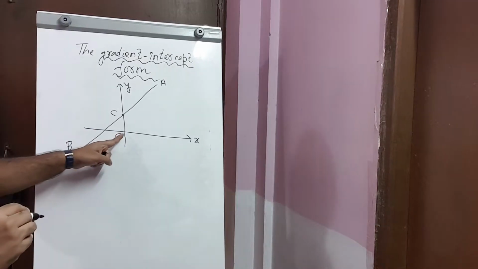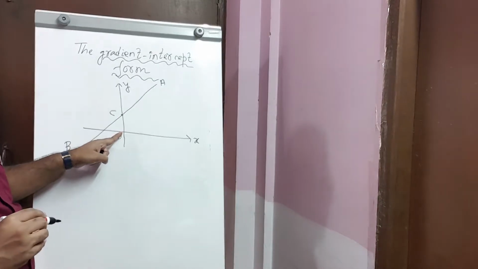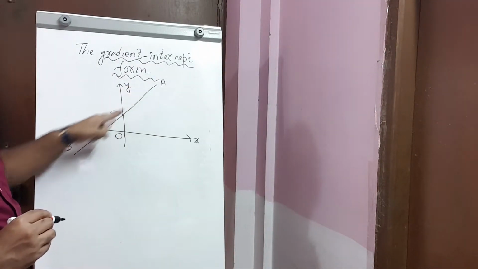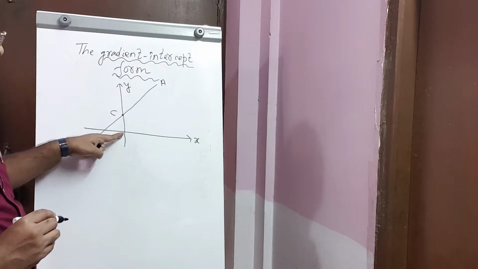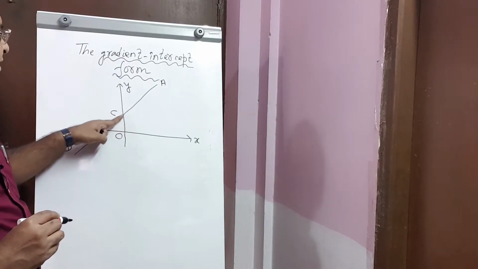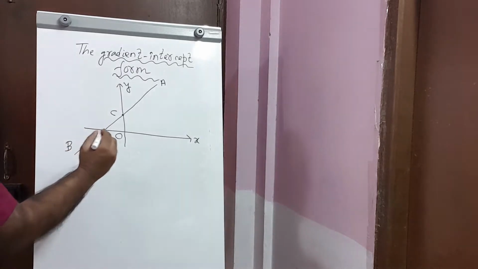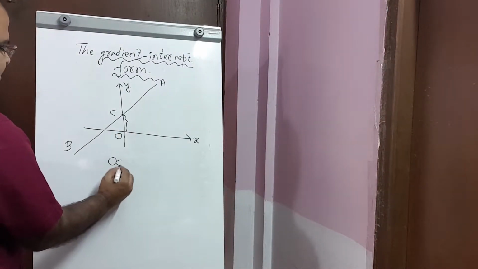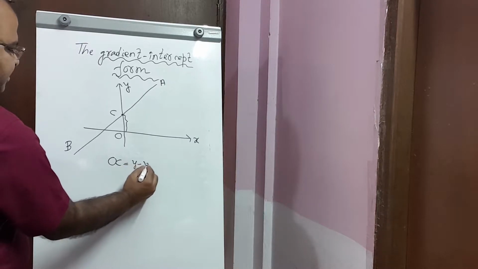So here this is the length of y-intercept of the line, as we discussed earlier, that distance of the point of intersection of the line with the y-axis measured from the origin along y-axis itself. So OC is the y-intercept of the line. So OC is the length of y-intercept.